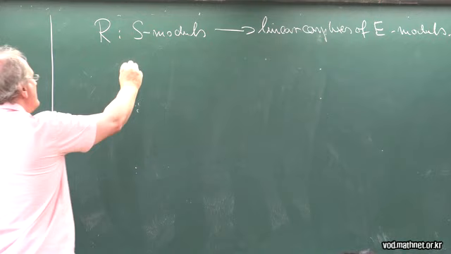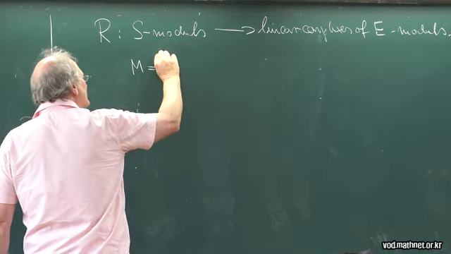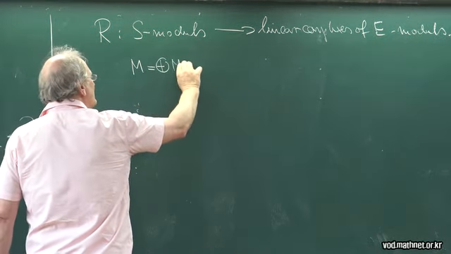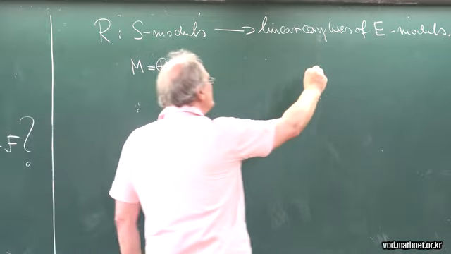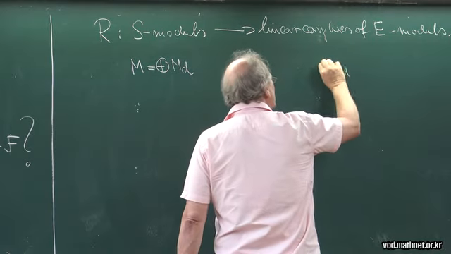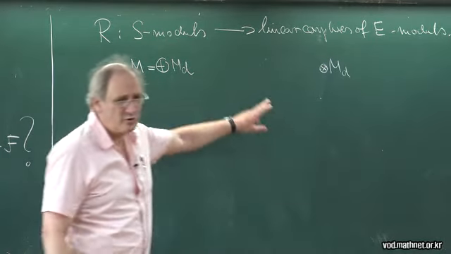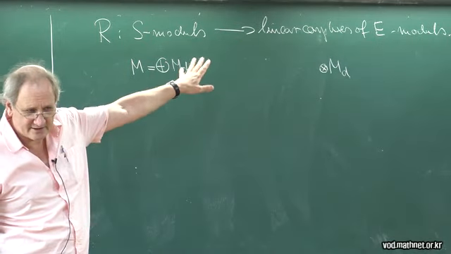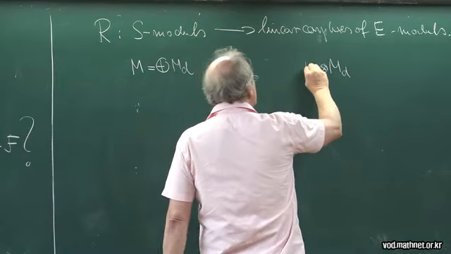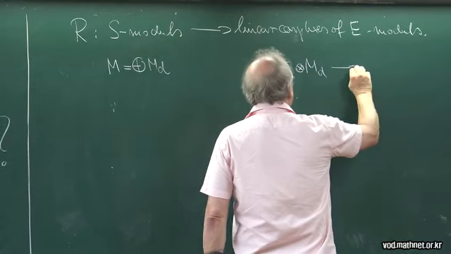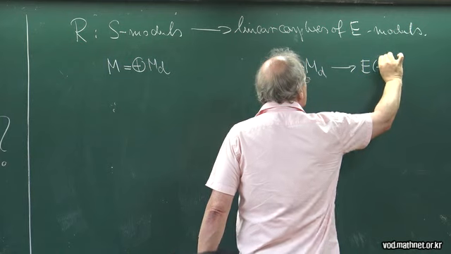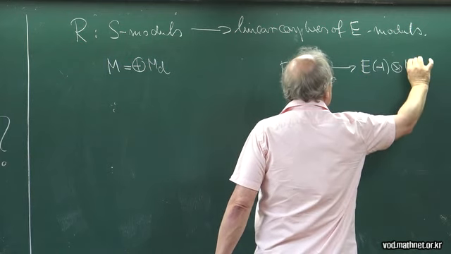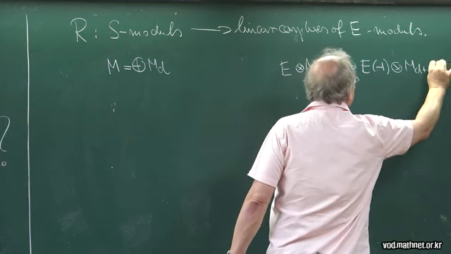So if you have M equal the direct sum of M_d, a graded S module, we can form M_d tensor, I'm going to change this later on, I do it just to have the similarity. First I can do this, and then I can go to E of -1 tensor M_{d+1} and so on.